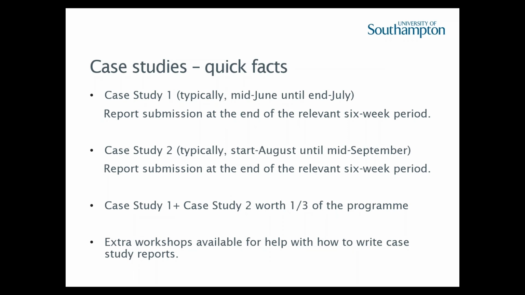Case study 1 typically starts around mid-June with an end of July deadline, and we give 1 week of break between the 2 case studies to give feedback to students before the second case study starts. Case study 2 typically starts around the beginning of August with a mid-September deadline.